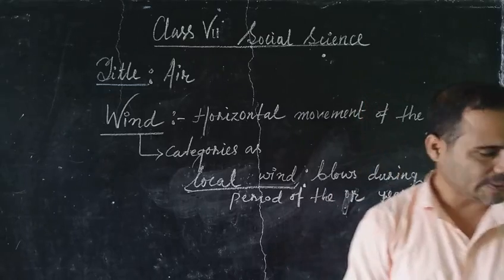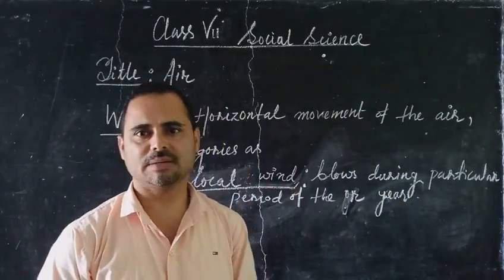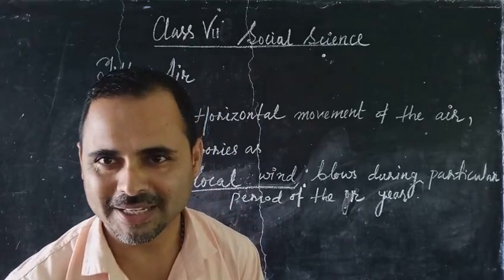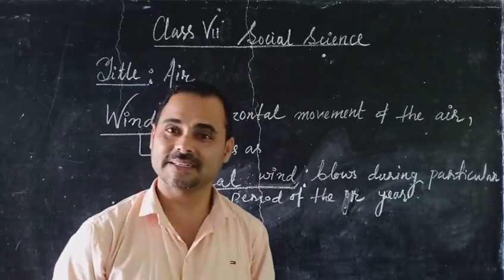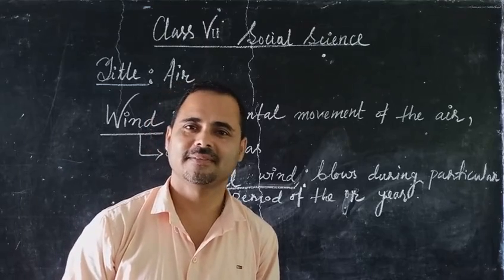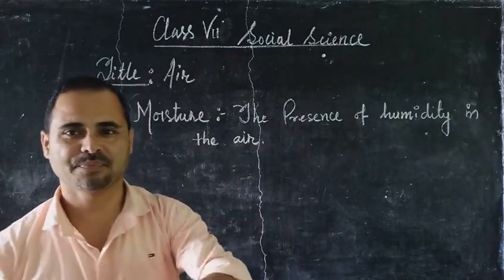Along with that, we cannot ignore the moisture, which is another important element of the weather and temperature. Let us see how moisture regulates the weather and the climate. So finally, the moisture.